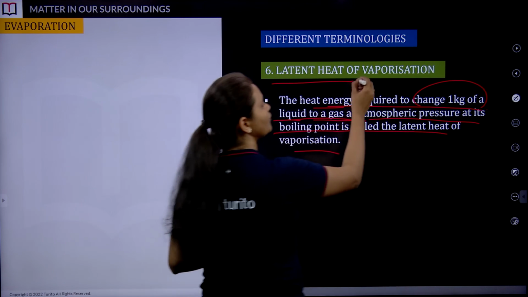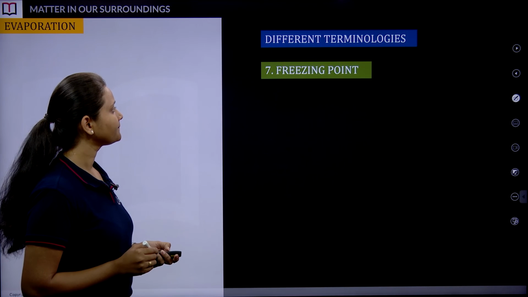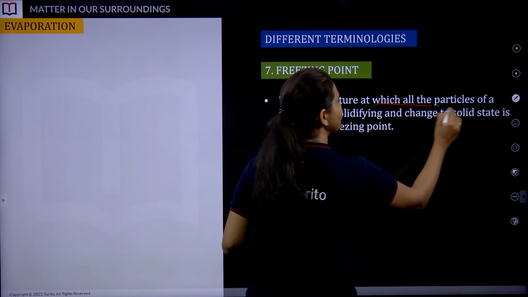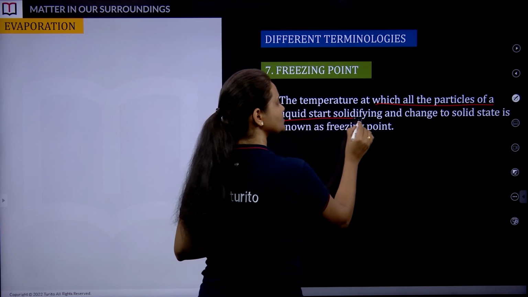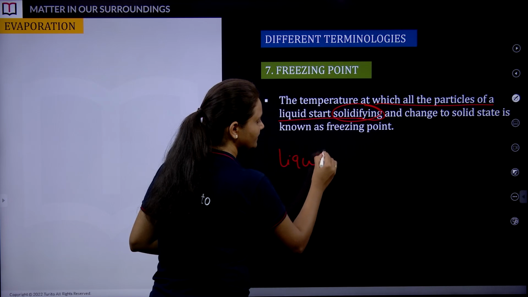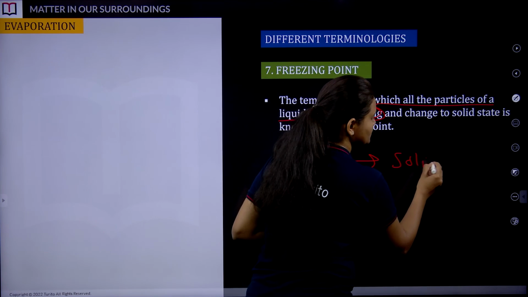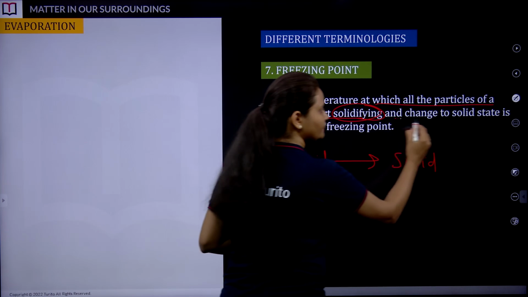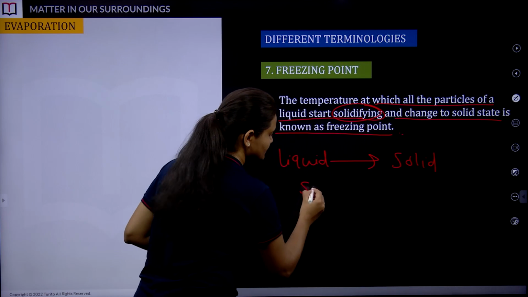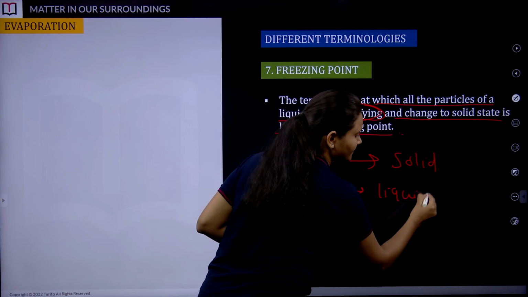Here we are forming vapors, correct? And that's why the word is vaporization. All right. So we have the freezing point, the temperature at which all the particles of liquid start solidifying. Here we have liquid, and these molecules are going to freeze to convert themselves into what? Solids. The change to solid state is known as freezing. We have seen first, from solid to liquid, that was melting, correct?